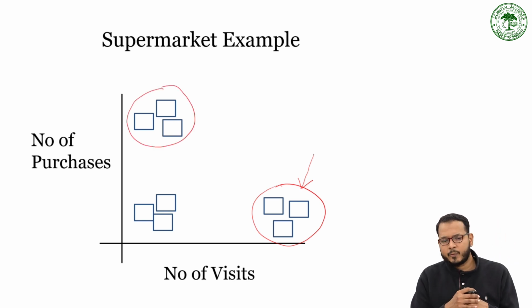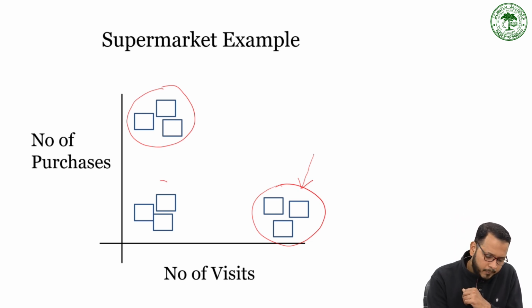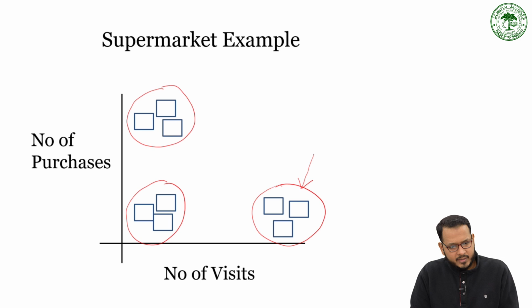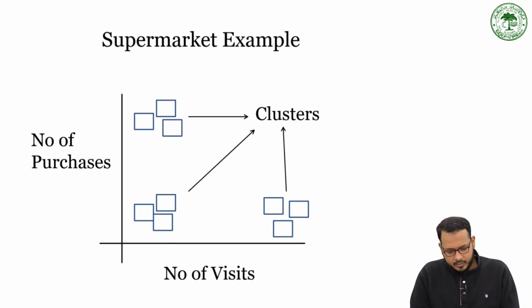Once again, within the unlabeled data set, we see that these 3 points are very close to one another, meaning they have similar behavior, and they are dissimilar from the rest of the groups. The same goes for these 3 points as well. Now, in the case of unsupervised learning, these groups, whose data points are very similar to one another but far away or dissimilar to the other groups, we call clusters.